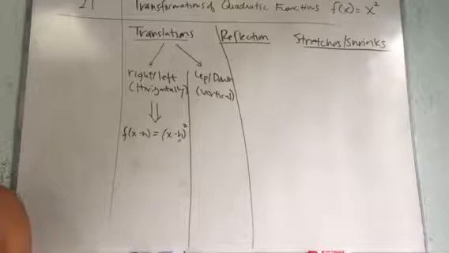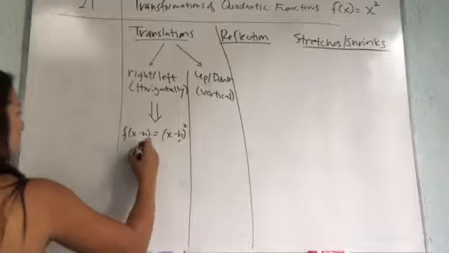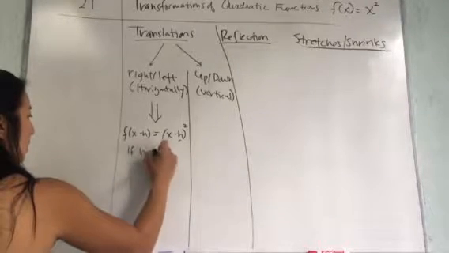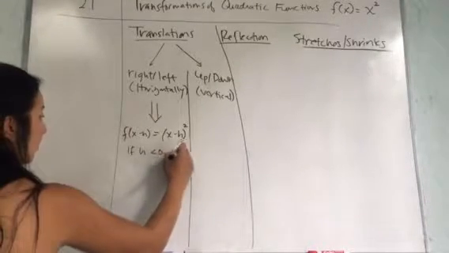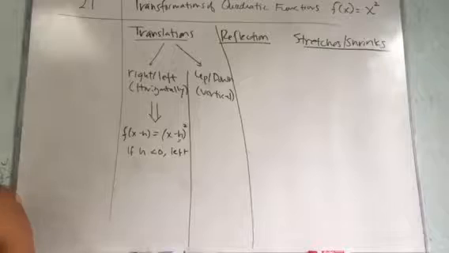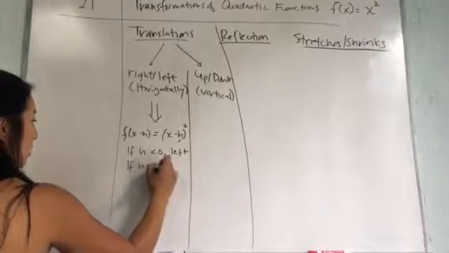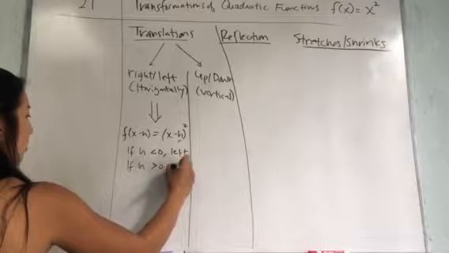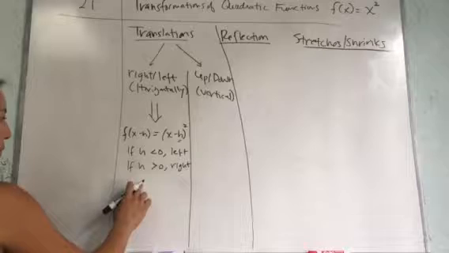So if h in this case is less than 0, then it's going to be moving it left. And likewise, if h is greater than 0, then it's going to move it to the right. We'll do an example of that.